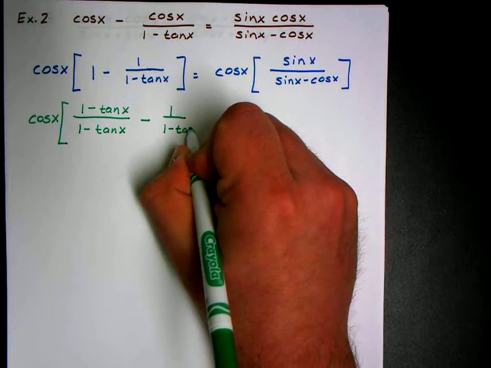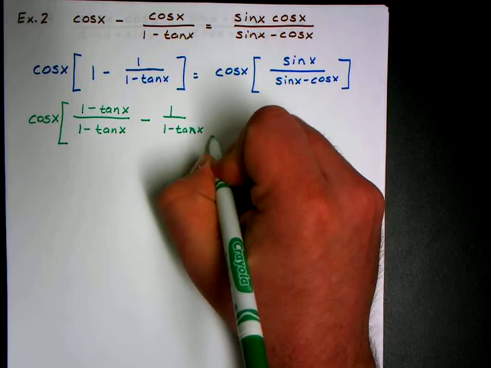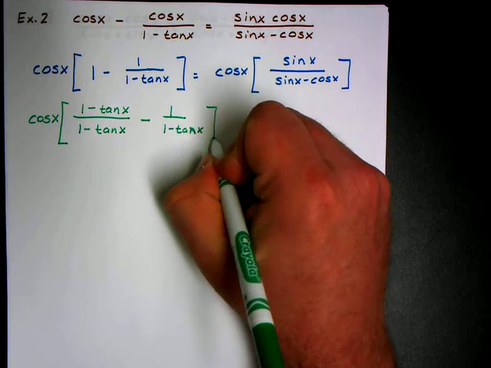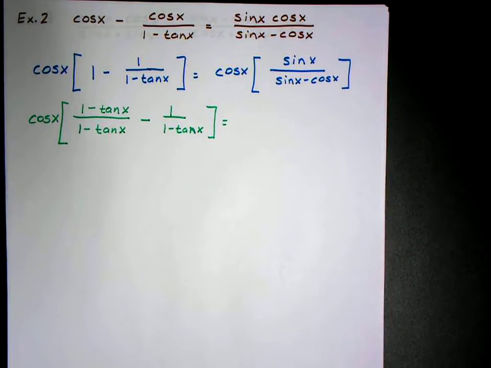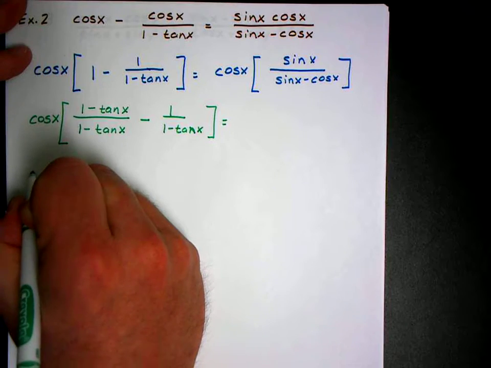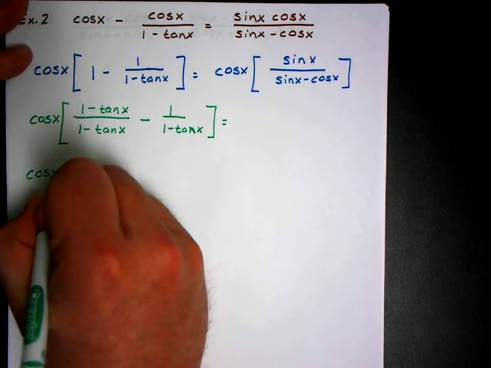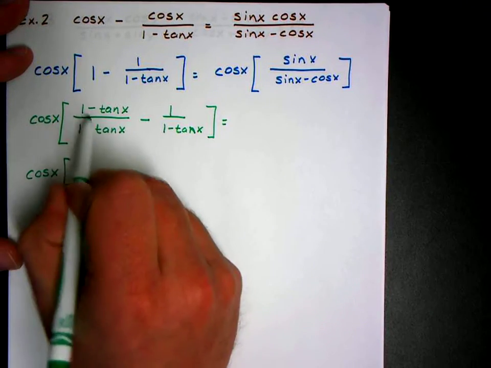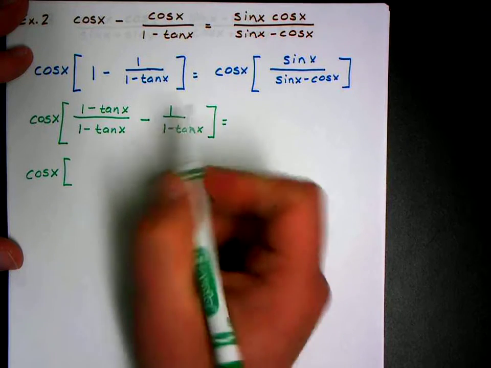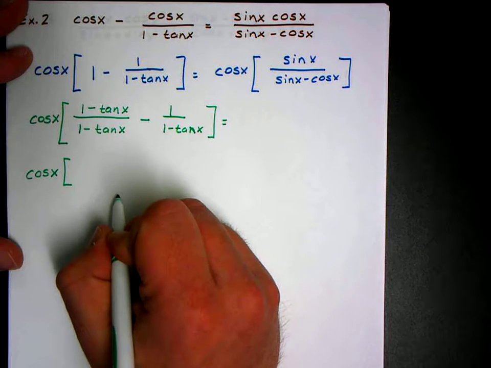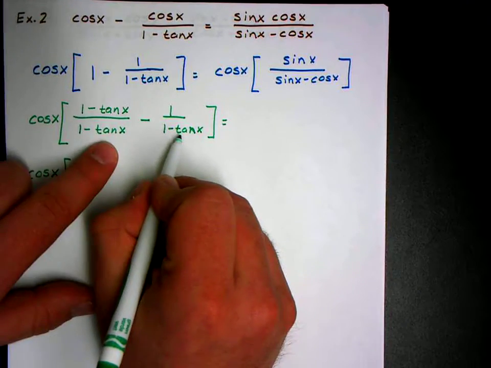So I turn 1 into something that I can subtract. Okay, I'm going to do my subtraction. So 1 minus 1, that would disappear. So why would you take it minus 10x? Just to match the denominators.